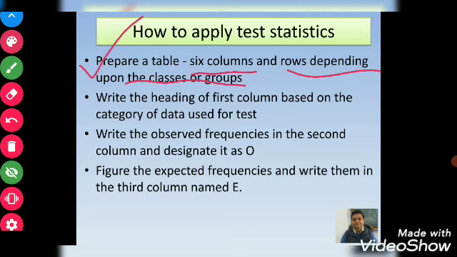Now write the heading of the first column based on the category of data used for the test, so the first column will be for category.